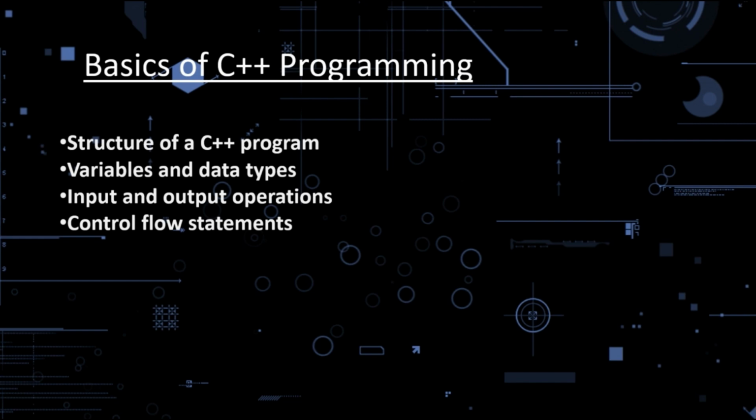Now let us try to understand what functions, data types, variables, input-output operations, and control flow statements are. The structure of a C++ program is designed in a way that it helps us to logically understand how the code is being executed.